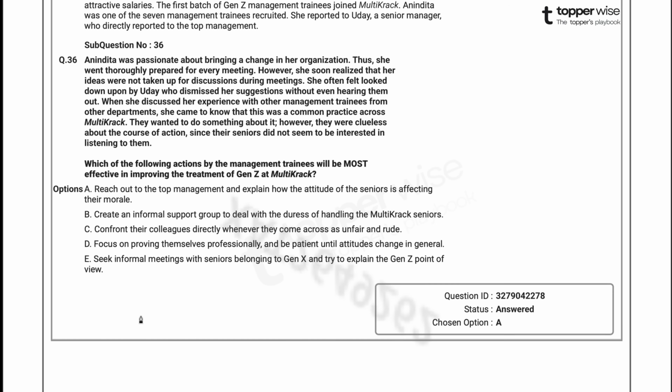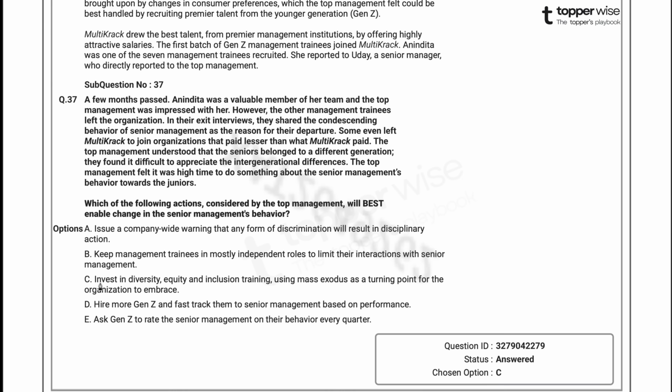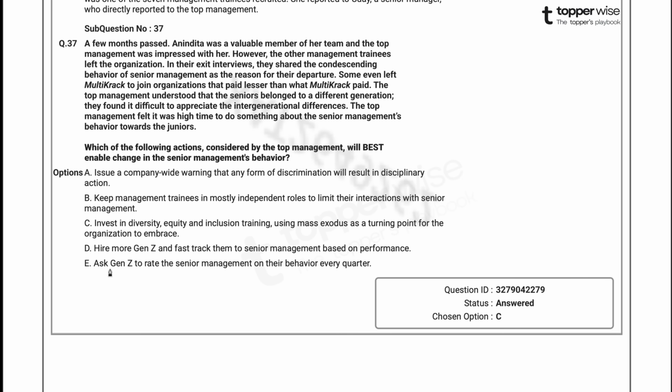For 36, option A is correct here. Then we move to 37, and for 37, actually answer C is correct here.